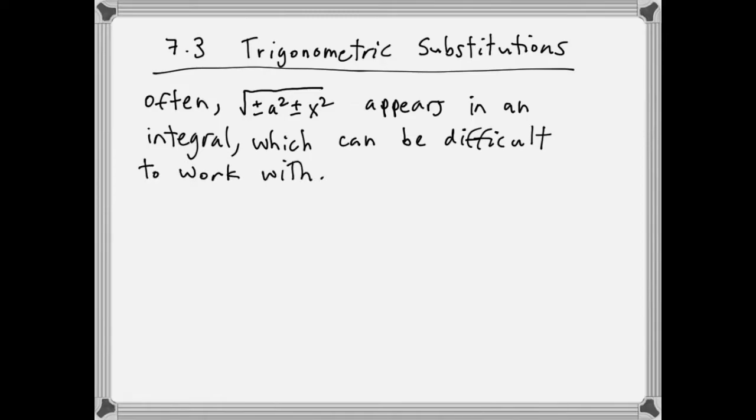A lot of times we have this radical and it just appears in an integral, and without the following technique that we're going to learn, there is no other way to solve these things. This is a very powerful technique, okay? So we're going to be doing a substitution a little bit different.